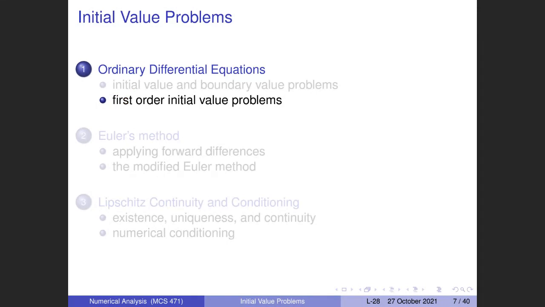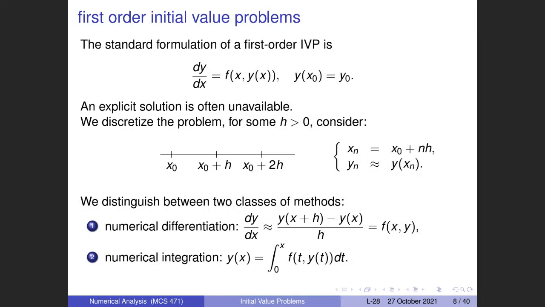Our first example was a second order equation. We will work in our numerical methods with first order equations. So there is a standard form, defined by 2 things. First, there is the right-hand side function.